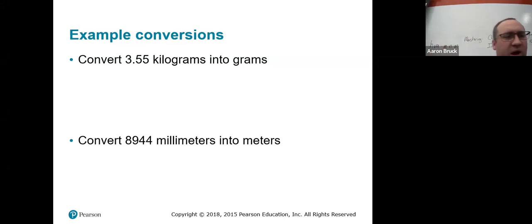First example, convert 3.55 kilograms into grams. Now, with any process like this, the first thing I want to do is start with the information that I'm given. The information I was given here was 3.55 kilograms.